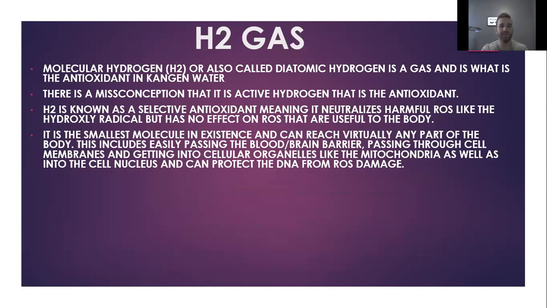This includes easily passing the blood-brain barrier, passing through cell membranes, and getting into cellular organelles like the mitochondria, as well as into the cell nucleus, and can protect the DNA from reactive oxygen species damage. It's the smallest molecule in the universe, and you're consuming a therapeutic amount of it. So it can get everywhere. It's small, it can penetrate right through the cells.